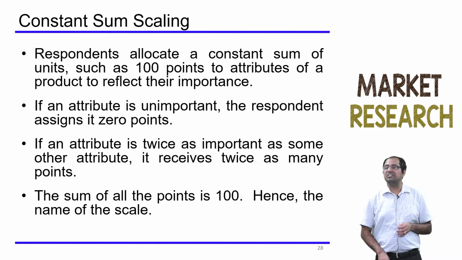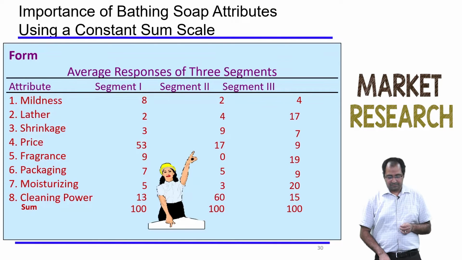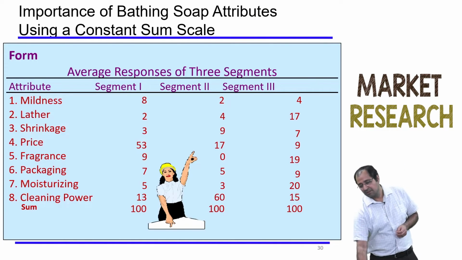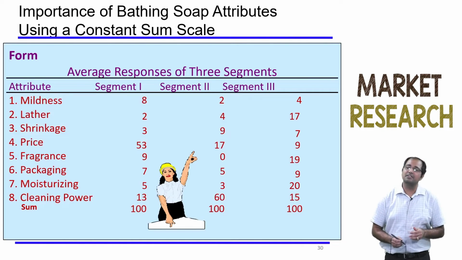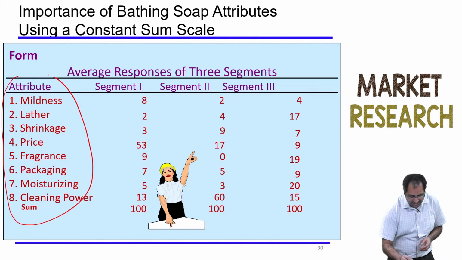Next method is constant sum scaling. In this method, what you say is, let's hear it with the help of an example. These are the attributes of a bathing soap.